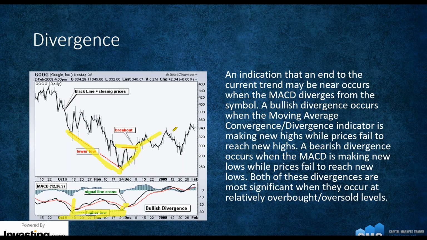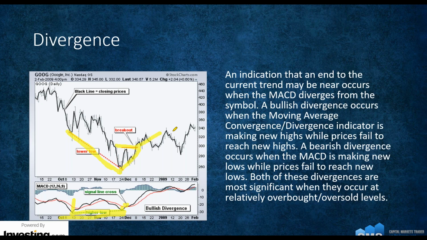An indication that the end of a current trend may be near occurs when the MACD diverges from its symbol. A bullish divergence occurs when the MACD line indicator is making new highs while price fails to reach those new highs. A bearish divergence occurs when the MACD line is making new lows while price fails to reach new lows.